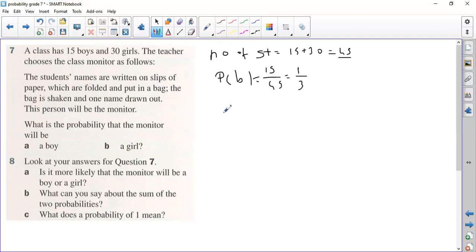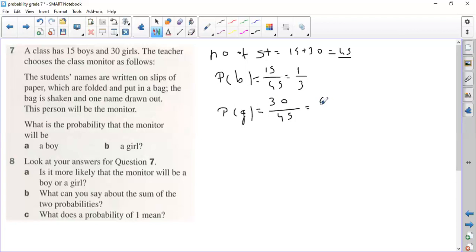And the probability for having a girl as the monitor will be the number of girls, which is 30, over 45. This one can be simplified with 5.